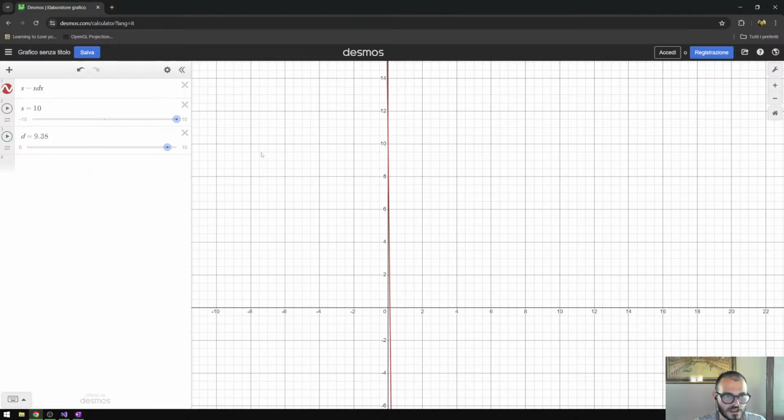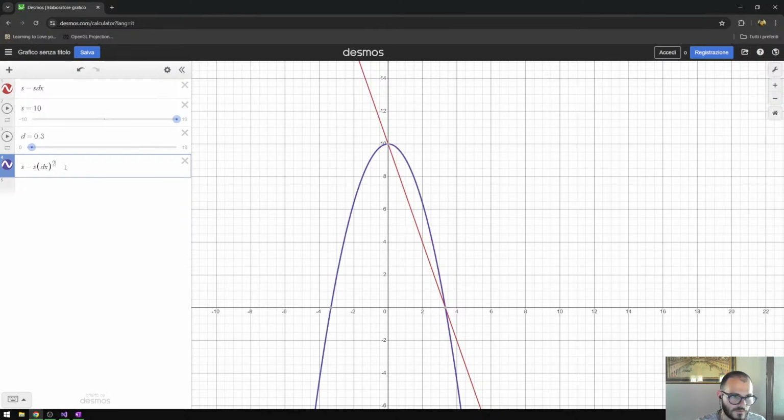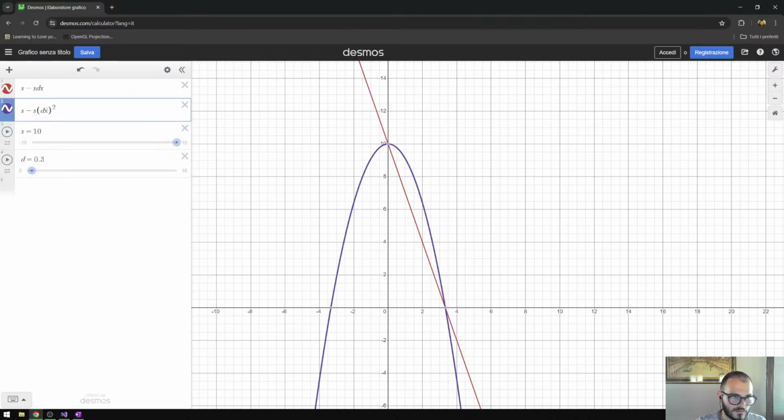Now this is the linear, not very impressive, but we can also have the quadratic. We have to basically square not only the x, which is time squared, but also the percentage per second.